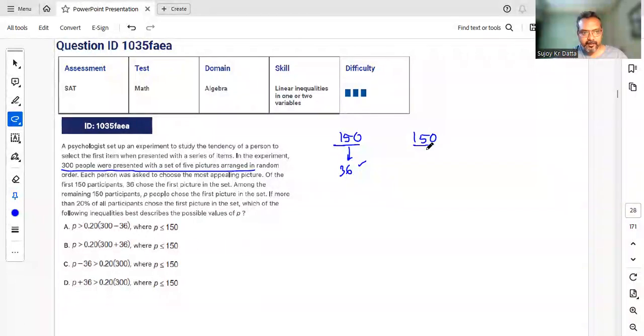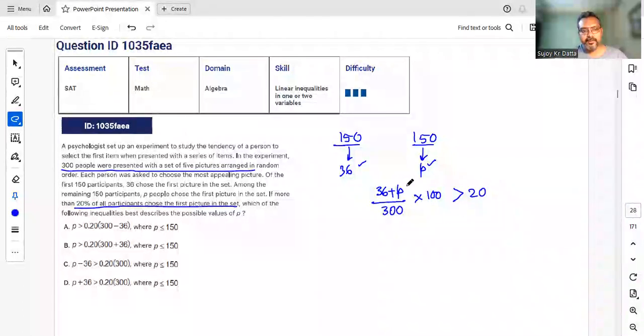Among the remaining 150, P of them chose the first picture. So how many chose the first picture? 36 plus P out of 300. Now it's saying that overall, 20% of all participants chose the first picture. So that means this times 100 as a percentage is greater than 20.